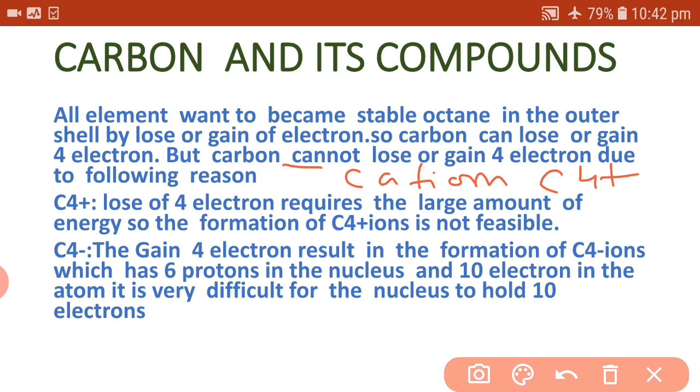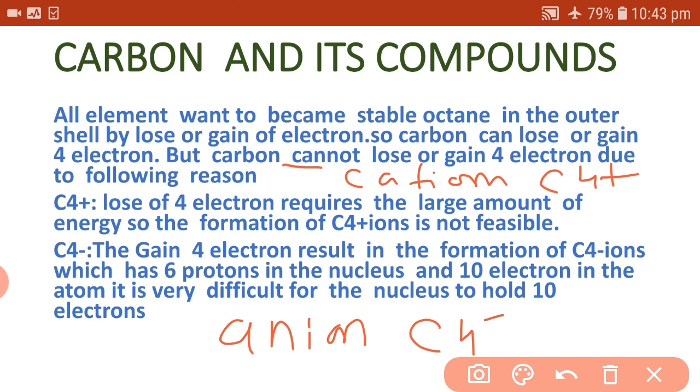Now let's see why it cannot gain 4 electrons. If carbon gains 4 electrons, it will become an anion, that is C4 minus. Already it has 6 protons, and now it will have 10 electrons.